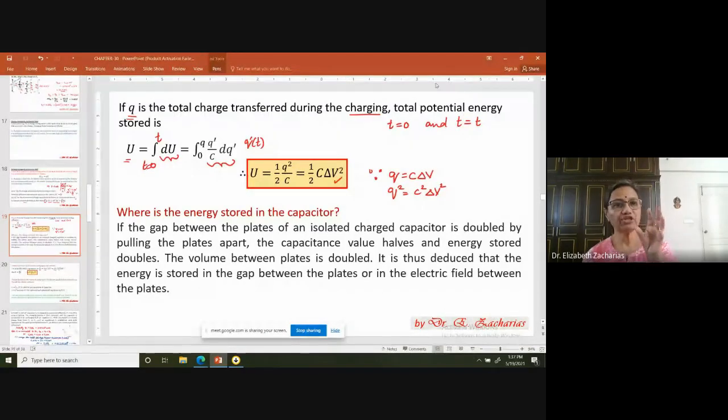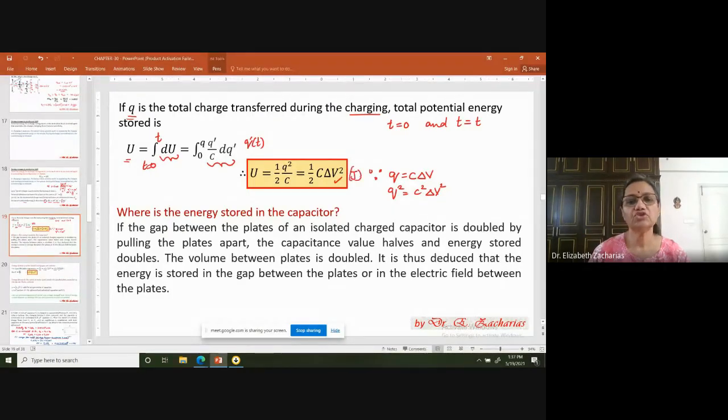In other words, the potential energy stored in a capacitor is dependent on the charge and the capacitance value, or you can also say charge and the potential difference between the two plates, because potential difference is related to how much charge is there on the plates. What is the unit of energy? Potential energy?